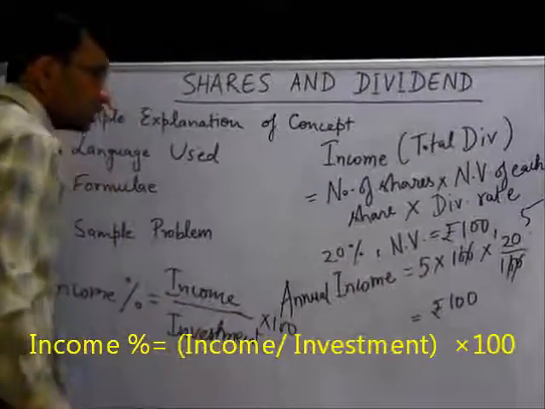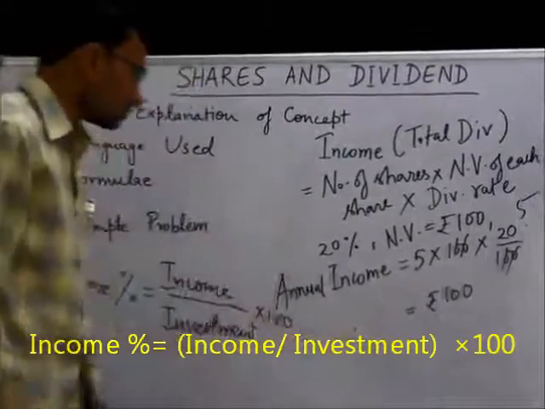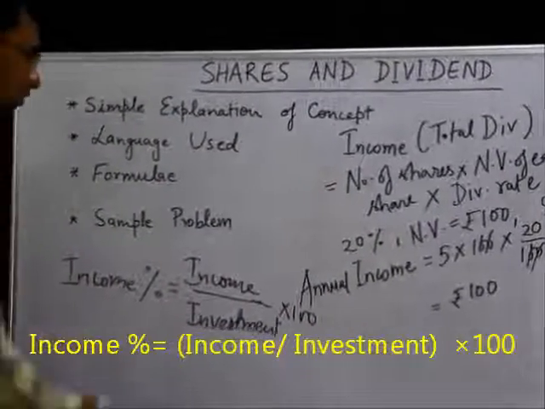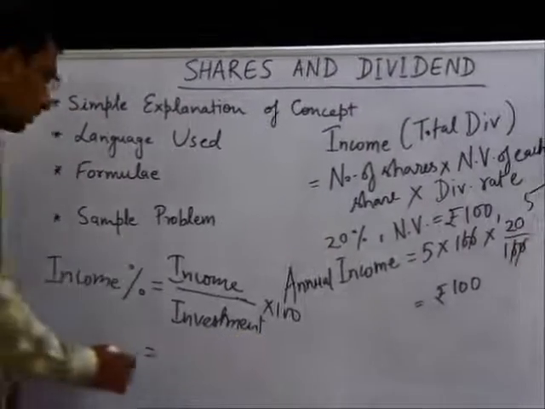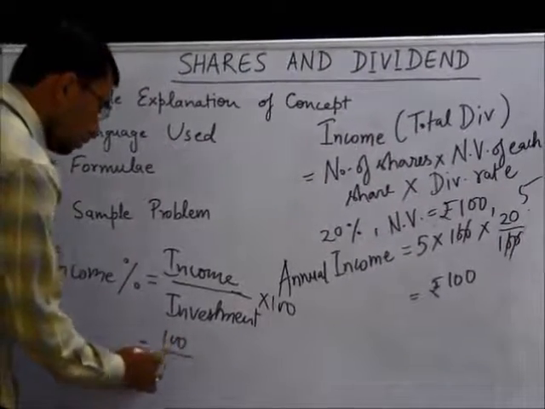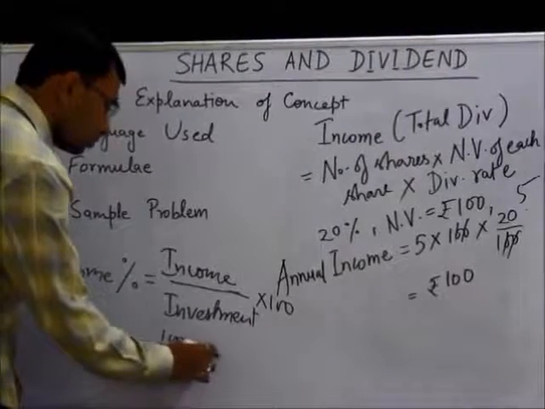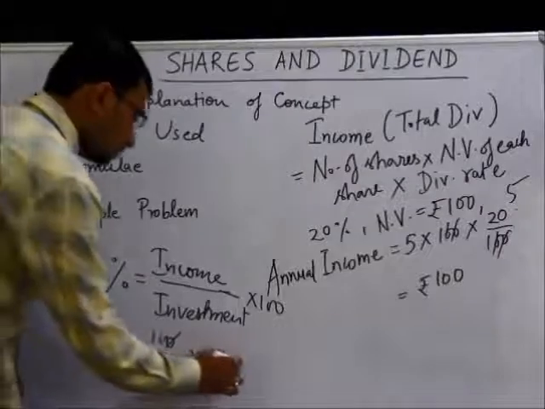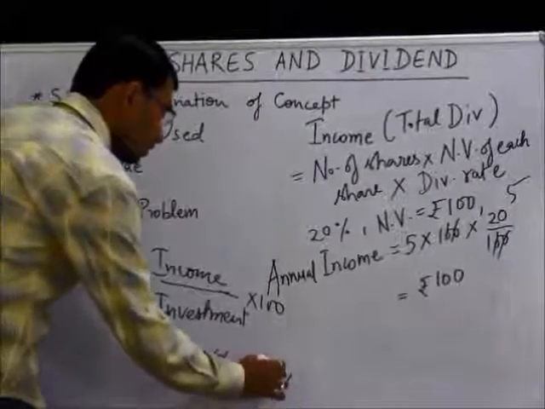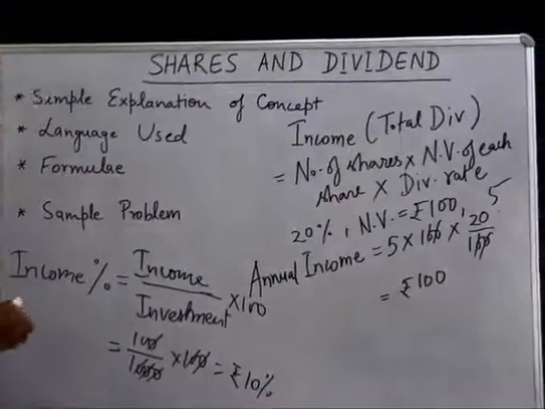Like in this case, let us say annual income is 100 rupees and he had invested 1000 rupees in the company. Then it will be 100 upon 1000 into 100. So therefore it will be 10%. So his income percent is going to be 10%.